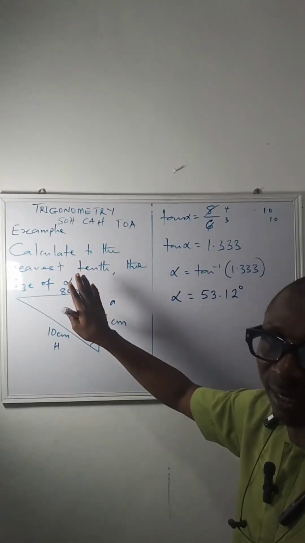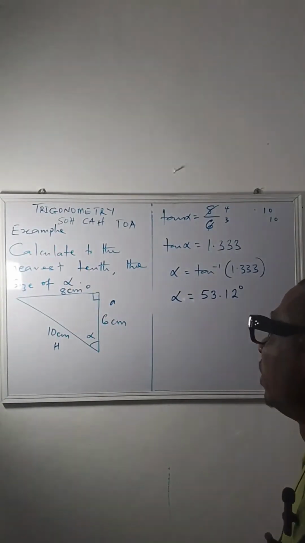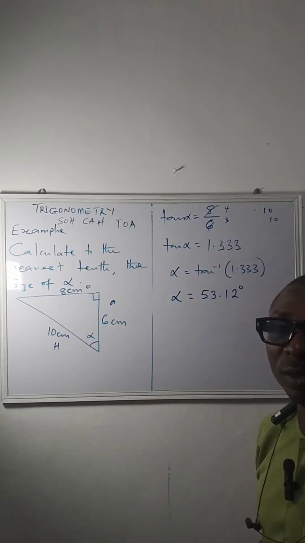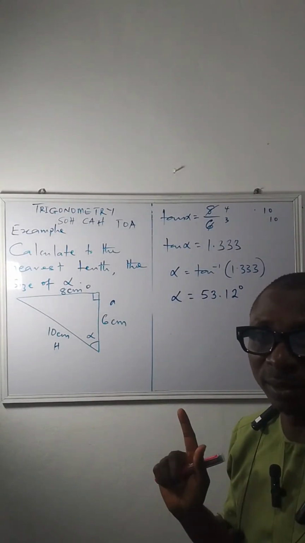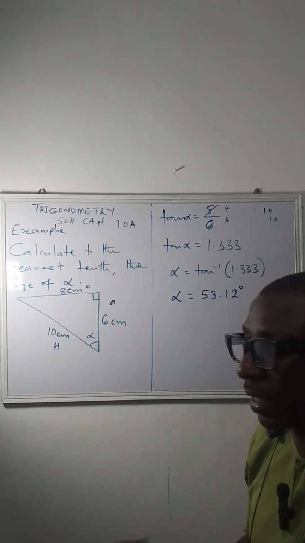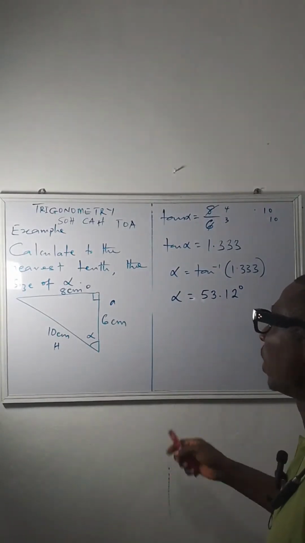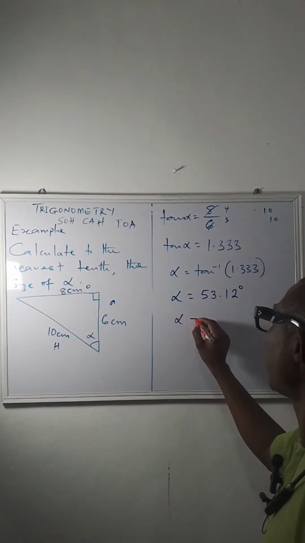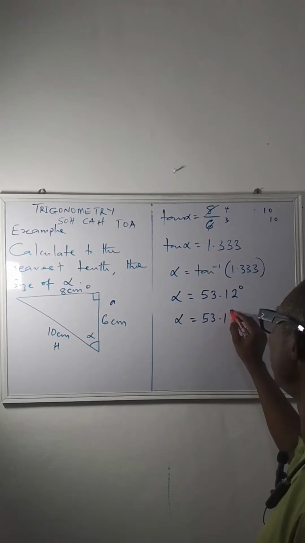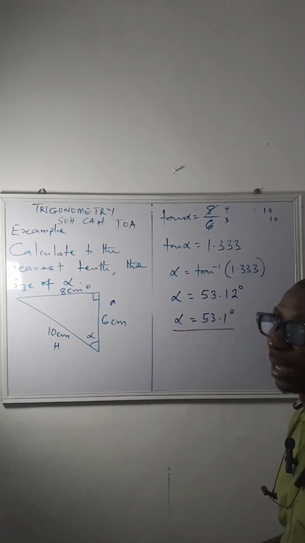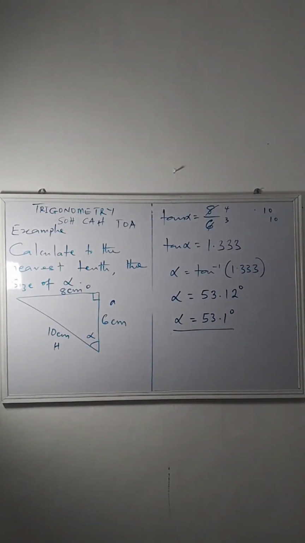Nearest tenth means you convert to the nearest 1 dp. That's the meaning of nearest tenth. So the final answer will be 53.1 degrees, to the nearest tenth.